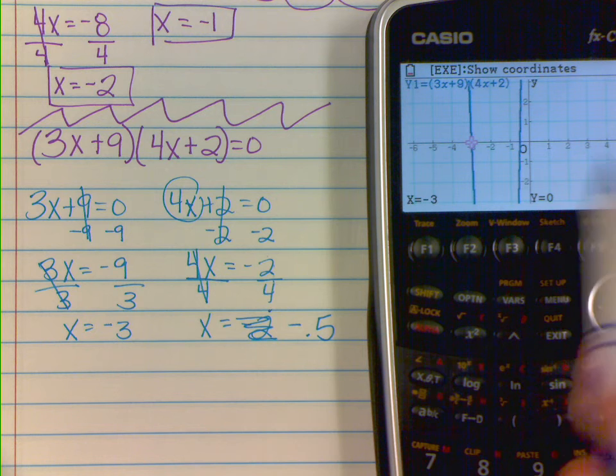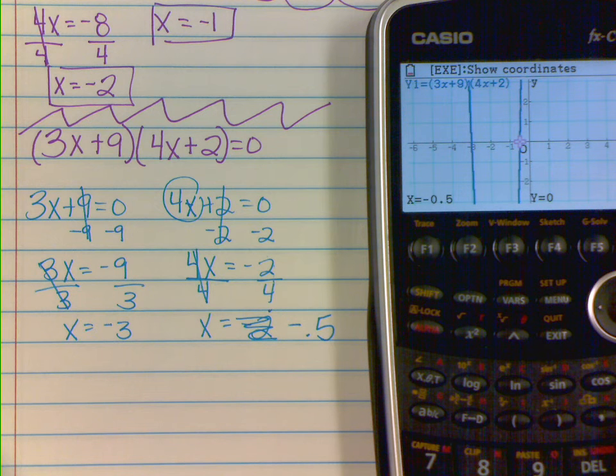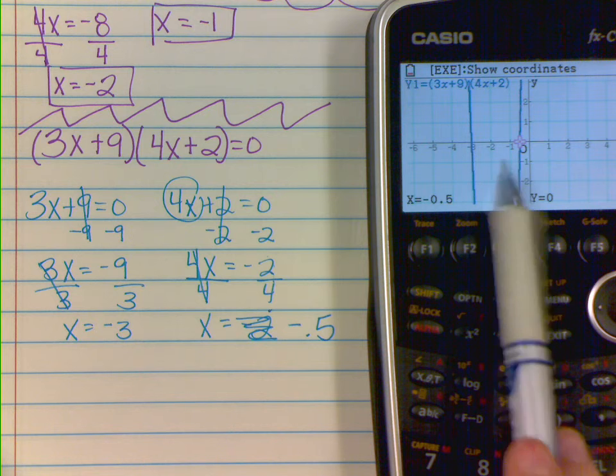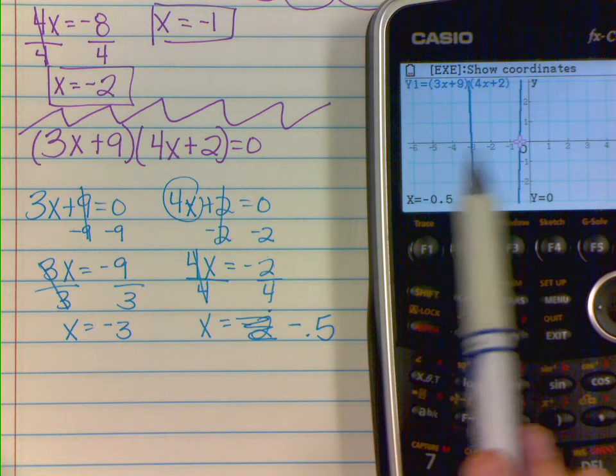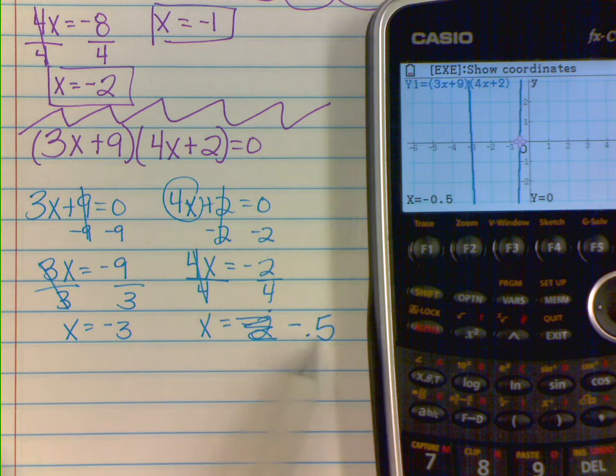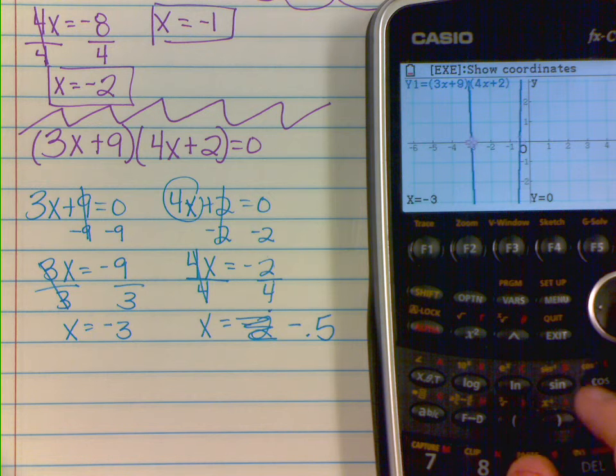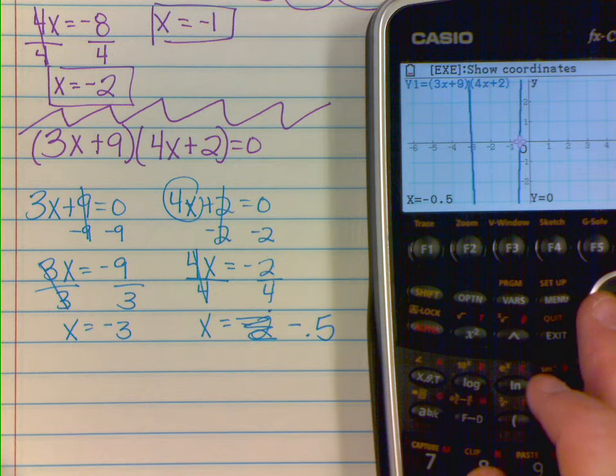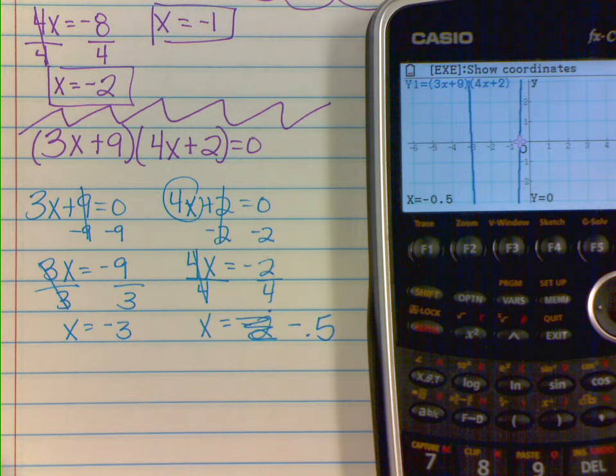Negative 3, negative 0.5. So is there a way to check myself? If you rocked the solve by graphing, you can find out if your answers are right. Everybody see that? Do you see what I did?